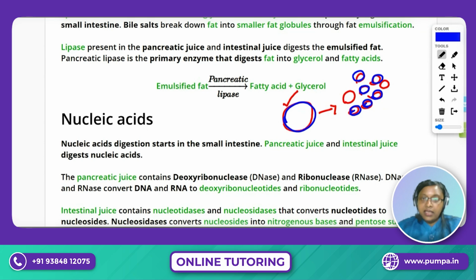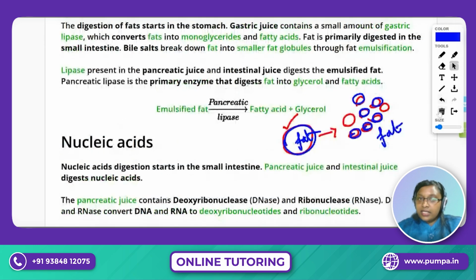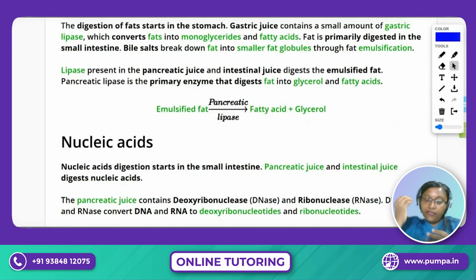This is also fat, but when it is made into even smaller chunks, it will be easier for digestion, right? So that's why it is happening. And one more thing: the fat is mixed with the bile and then made into small fat globules.